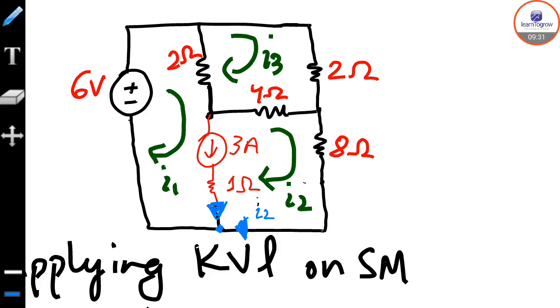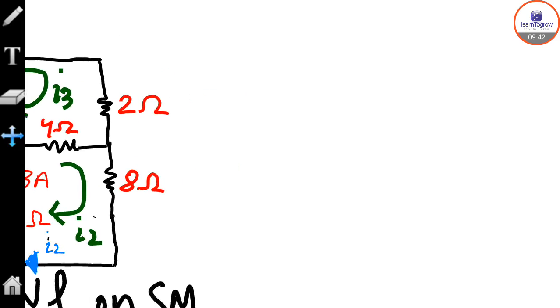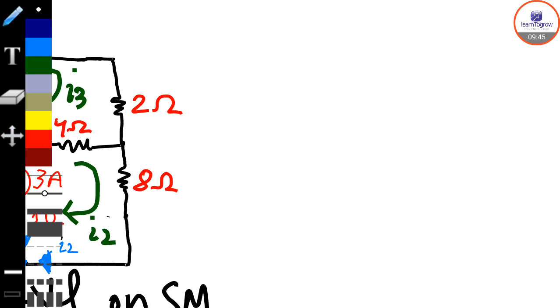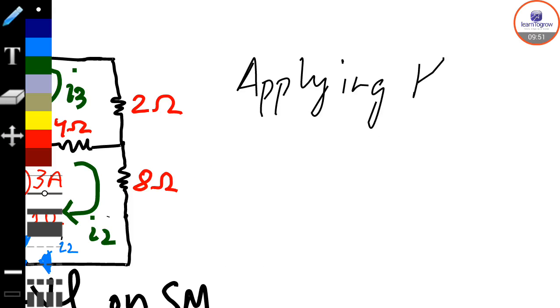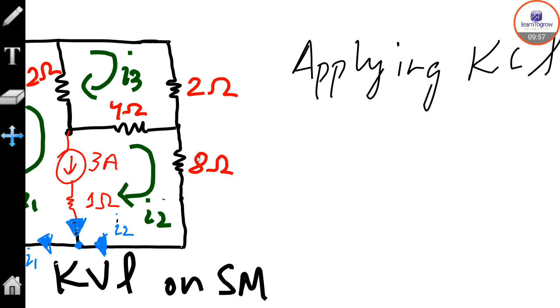I1 is exiting, I2 is entering, 3 ampere is entering. Applying KCL on this node, my 3 is entering, my I2 is entering, and I1 is exiting. I have got my third equation in terms of I1 and I2.